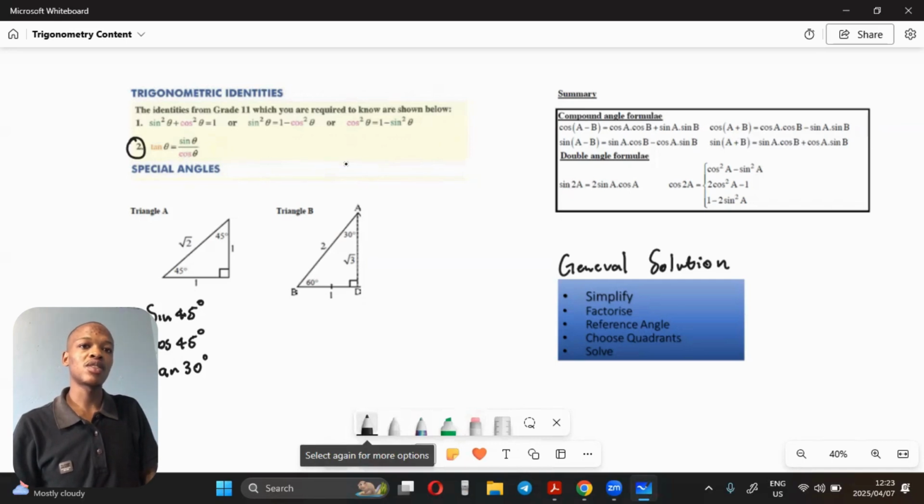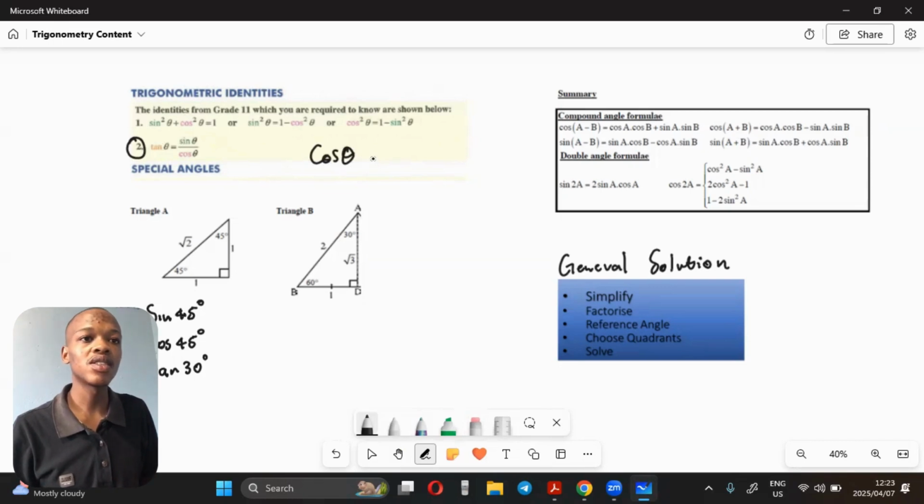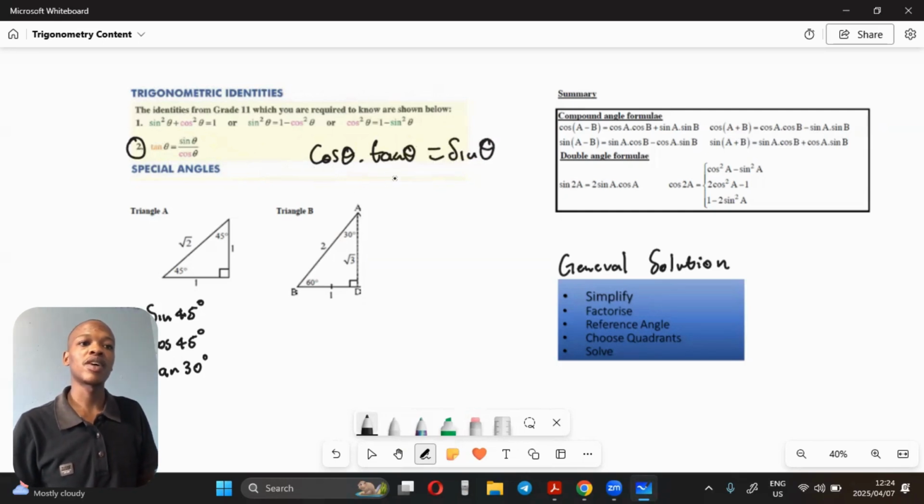You multiply both sides by cos, and then it will be cos theta equals cos theta times tan theta equals sine theta, and then you divide both sides by tan theta, and then your cos theta is equal to sine theta divided by tan theta.